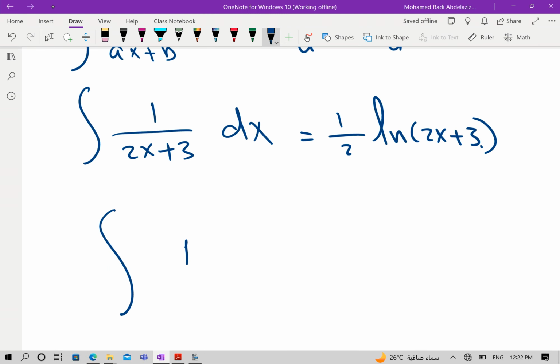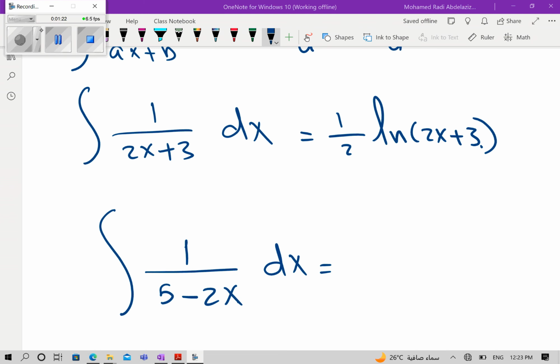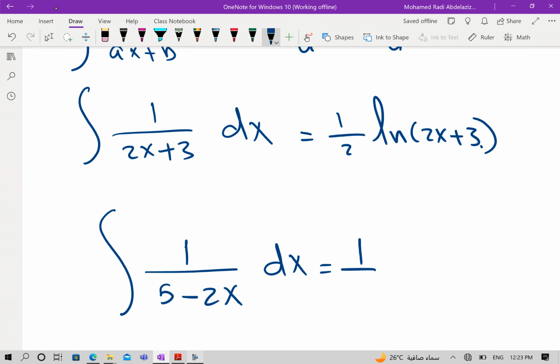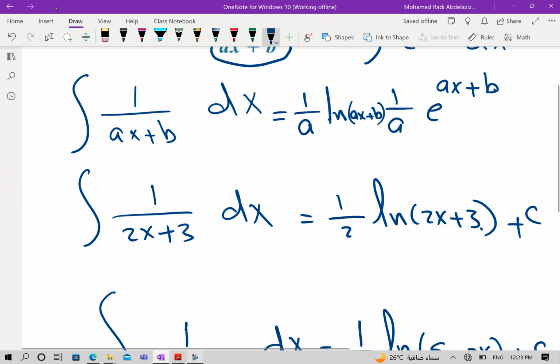Integrate 1 over 5 minus 2x by dx is equal to 1 over a, where a is the coefficient of x, which is minus 2. So 1 over a, ln 5 minus 2x. Don't forget to write c after your integration.